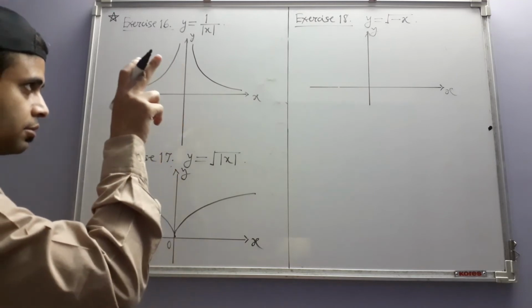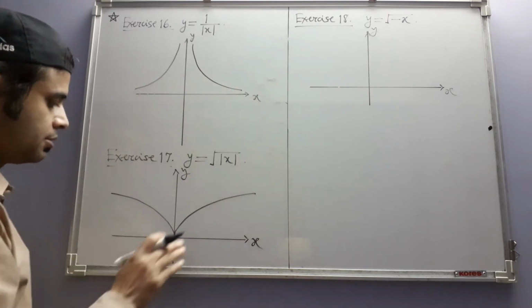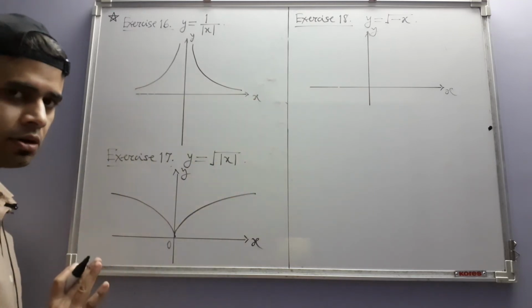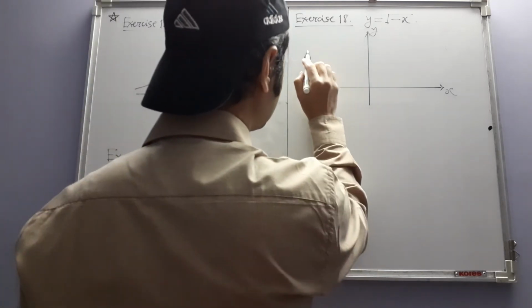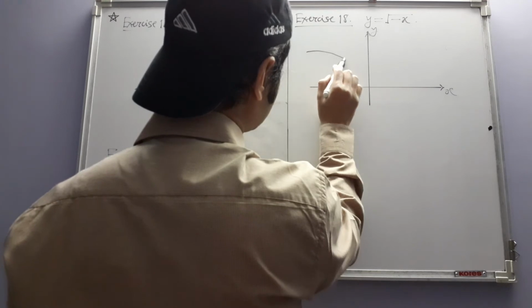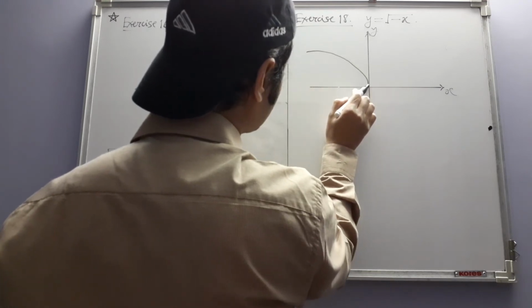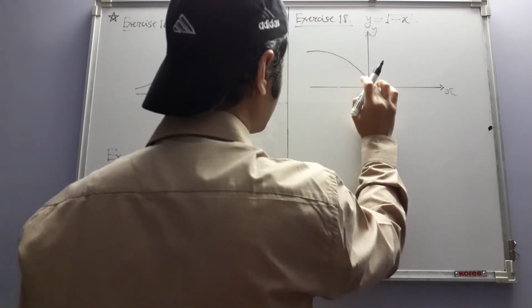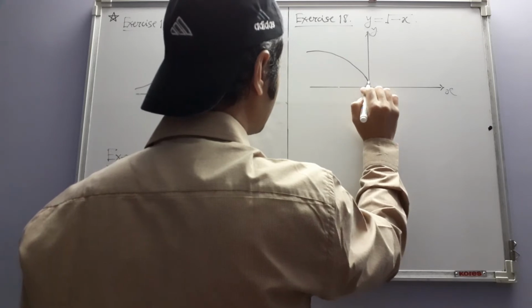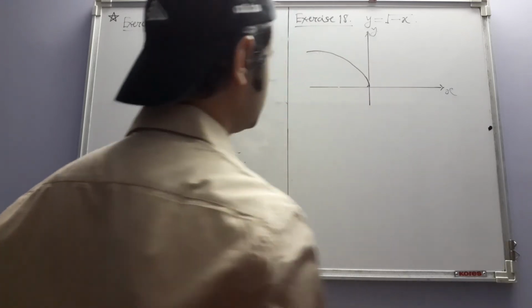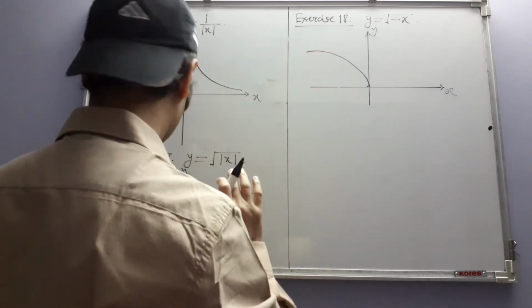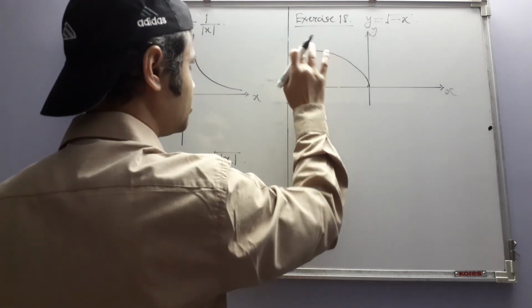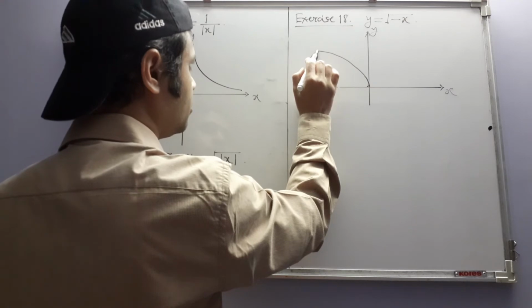So in this case, this half is not there. We have this half. That is the graph. And one more thing, these drawings I am doing freehand now.